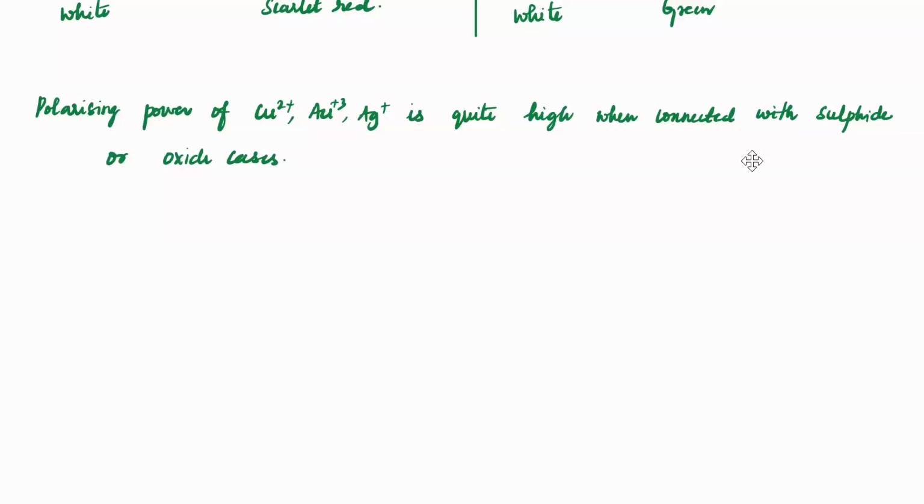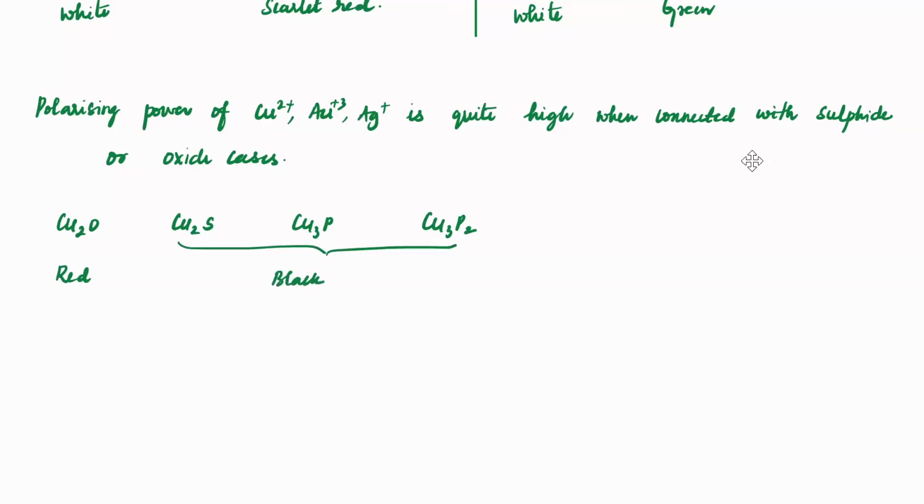For example, Cu2O, Cu2S, or Cu3P, Cu3P2. If you compare all of them, you'll see this one is red, but the rest are all black in color.